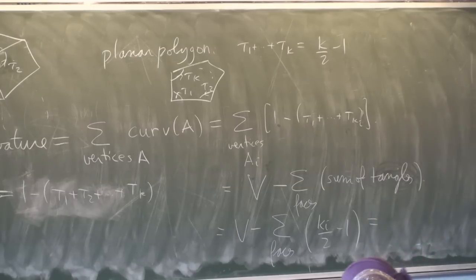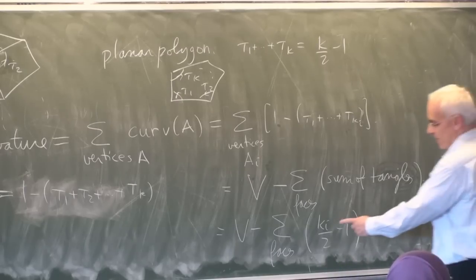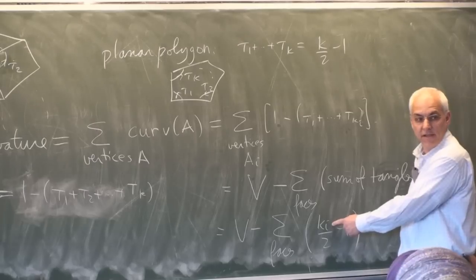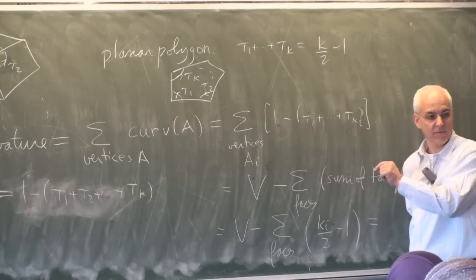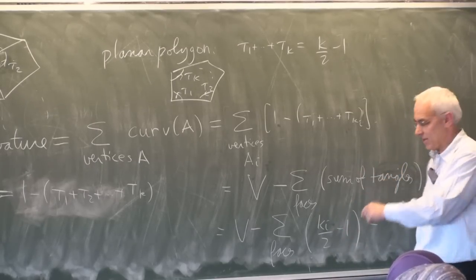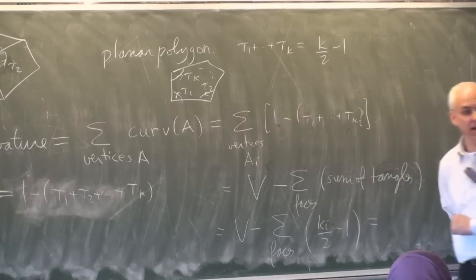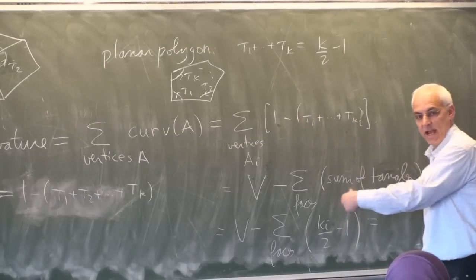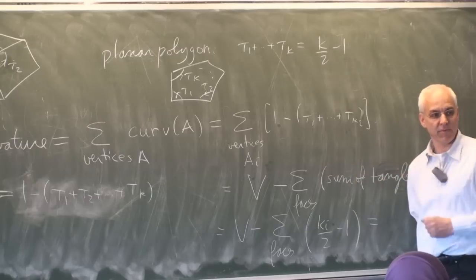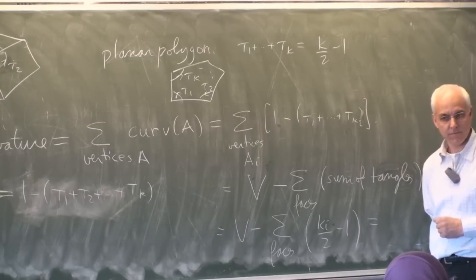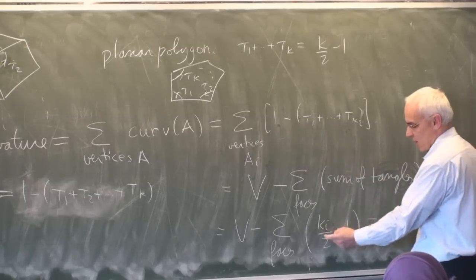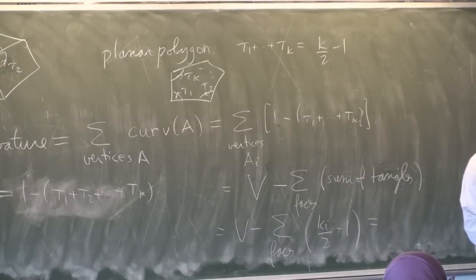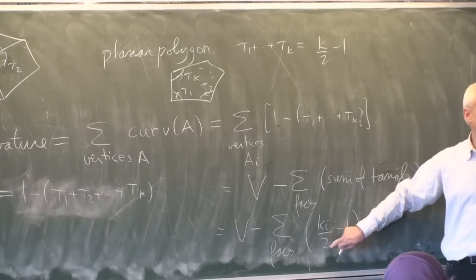Okay, what is that? This is the sum over all the faces of the number of edges in that face. We're counting the number of edges in this face and dividing by 2, and then counting the number of edges in the next face and dividing by 2, and adding them all up. The sum of ki over 2 is exactly the sum of all the edges, because we've counted all the edges twice.